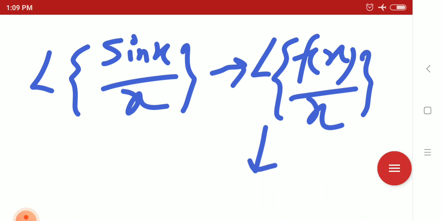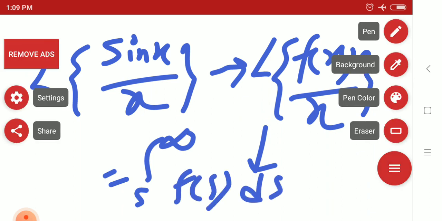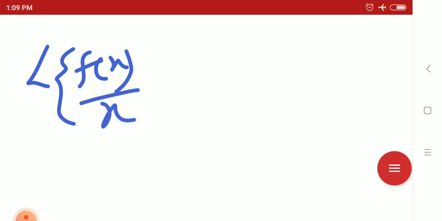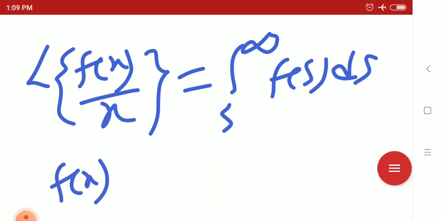What we are getting from it is the formula: integration s to infinity of f of s ds. Similarly, if instead of f of x we are putting sin x.